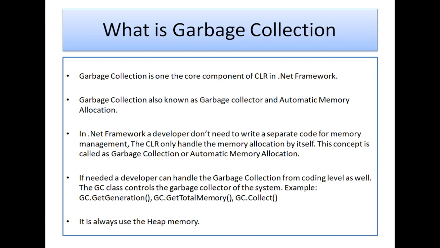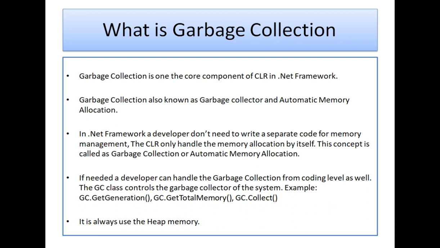Those things are automatically handled by your CLR in the backend when you run your program in any .NET framework. But sometimes, based on the scenario, as a developer you have to write some code to manage your memory allocation. You can write some code for doing that. It is not necessary, but yeah, if you want, then you can write.